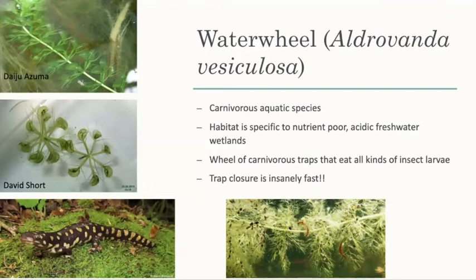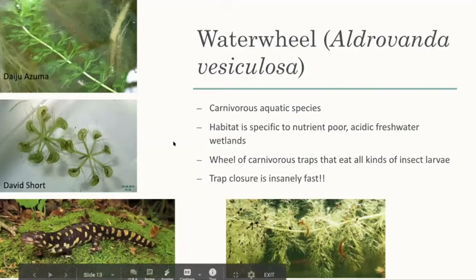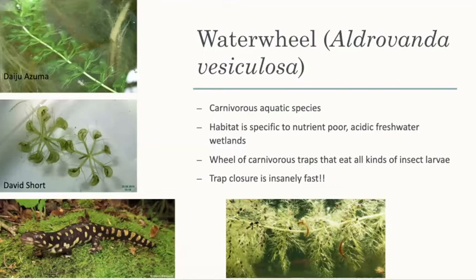So there's currently no equivalent species that would eat insect larvae and insects of the size that waterwheel would consume. And that could be really detrimental to some really important species that we have in these ecosystems, like the tiger salamander, which is considered endangered on Long Island as well.